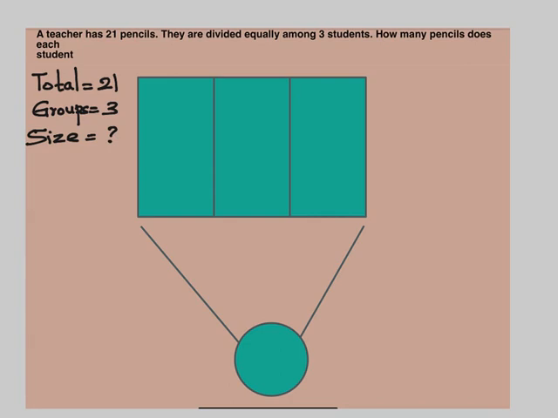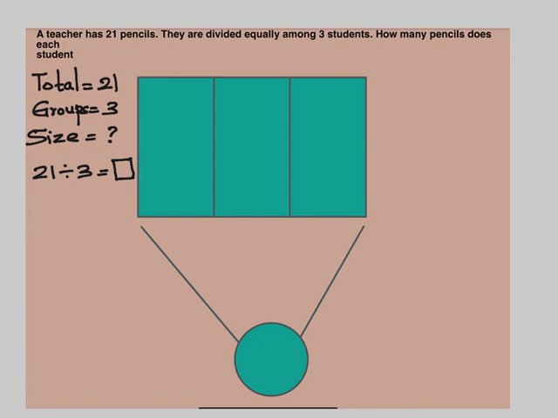Since we have to find the size and we know the number of groups and the total, we have to do a division equation. Okay? So let us write 21 divided by 3 equals what is an unknown that we have to find. So that is the division sentence. Always remember, if you have to find the total, then you have to go for multiplication equation.